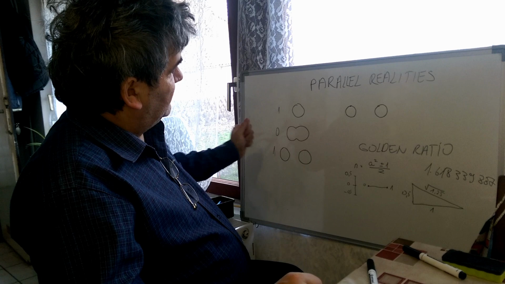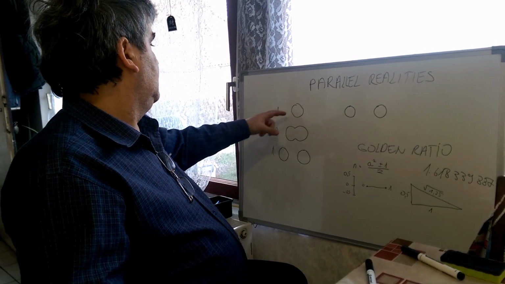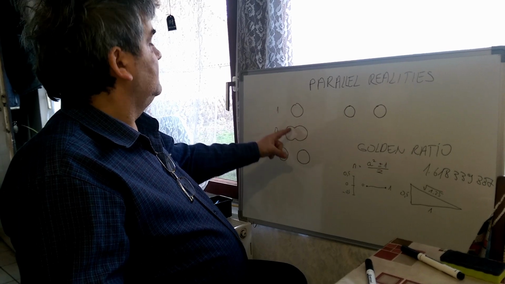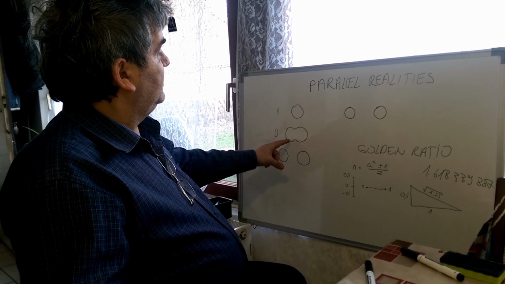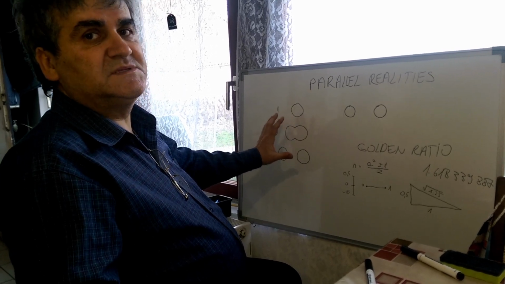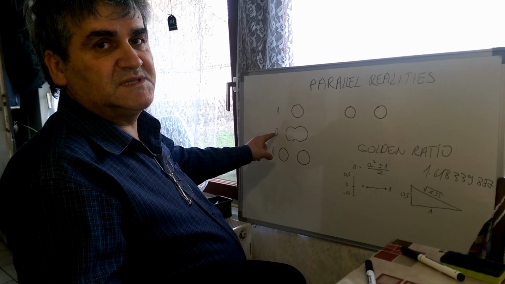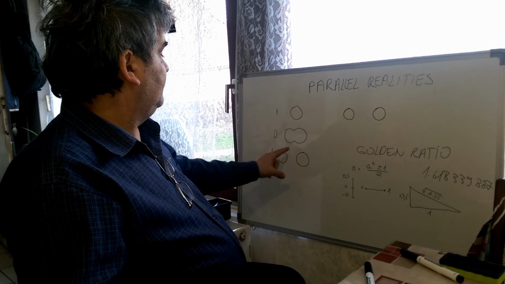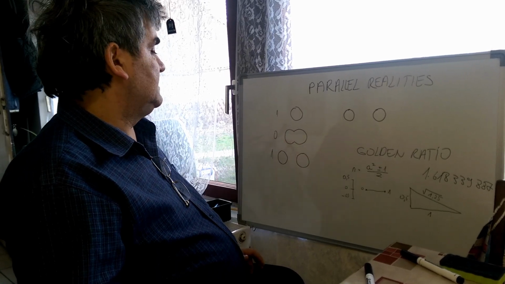It is the step of how the cells divide or multiply. You have the cells, and then they start to divide, but it's not one cell, it's not two cells, it's a middle state. So we call this state 0. After that we have state 1 again, because we have two cells.